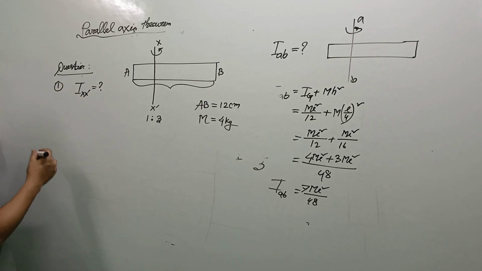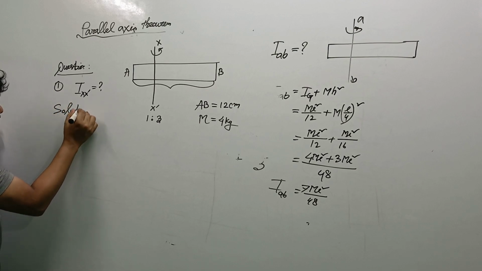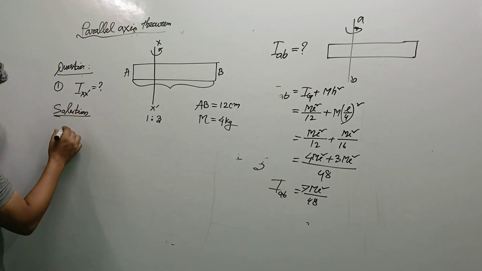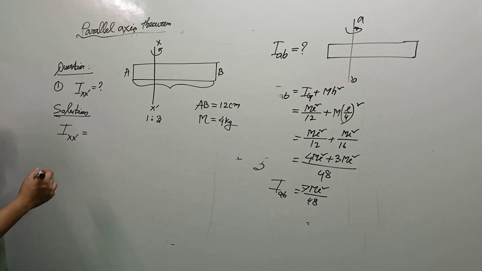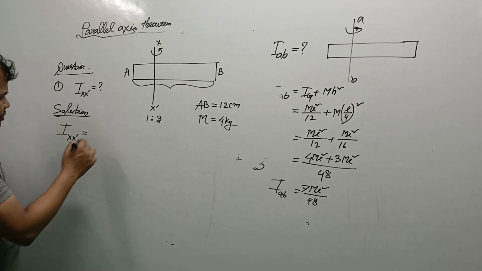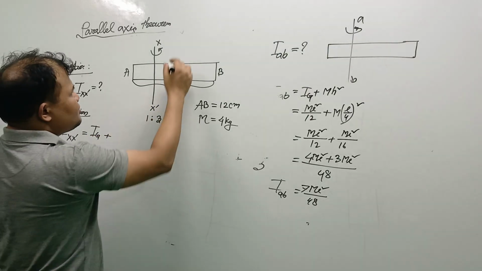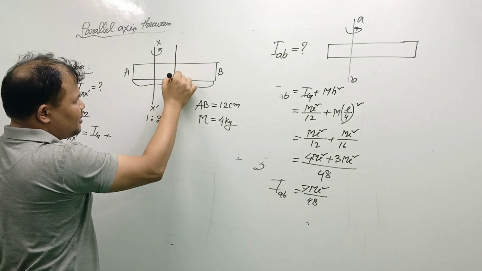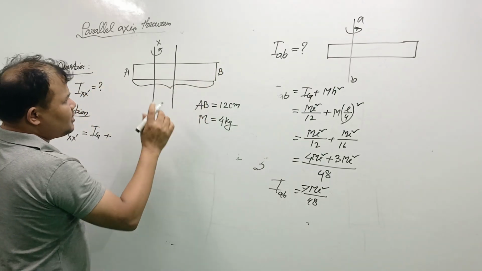Okay, at first we try to solve this problem. Solution: if we find out the moment of inertia about x prime, then we can apply here the parallel axis theorem. At first we write I_Z. I_Z means the axis which is passing through the center of gravity and divides the AB section into 2 equal parts.